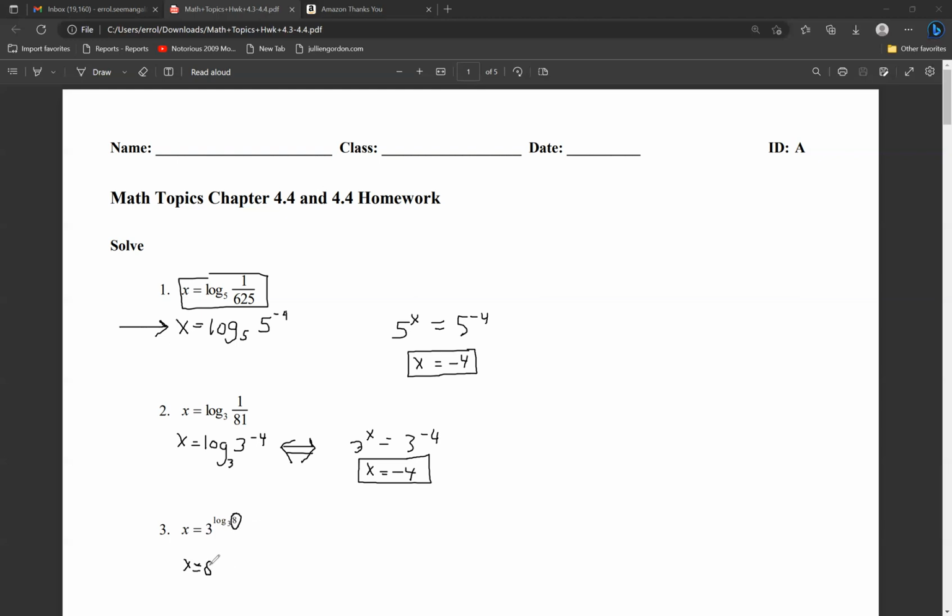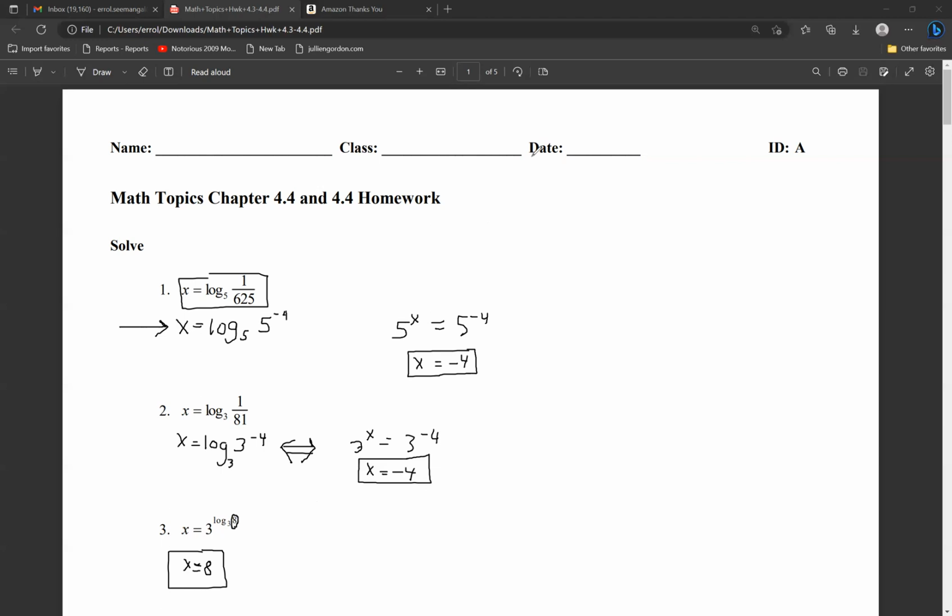It'll be that number. The answer would just be the number on the top there. So for that one x equals 8. There's a property in your notes that says something like that. I forget what they call it though.